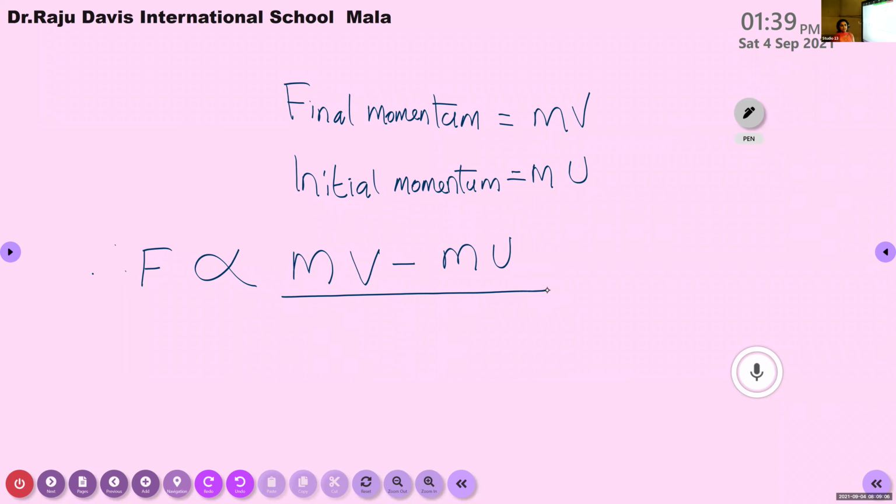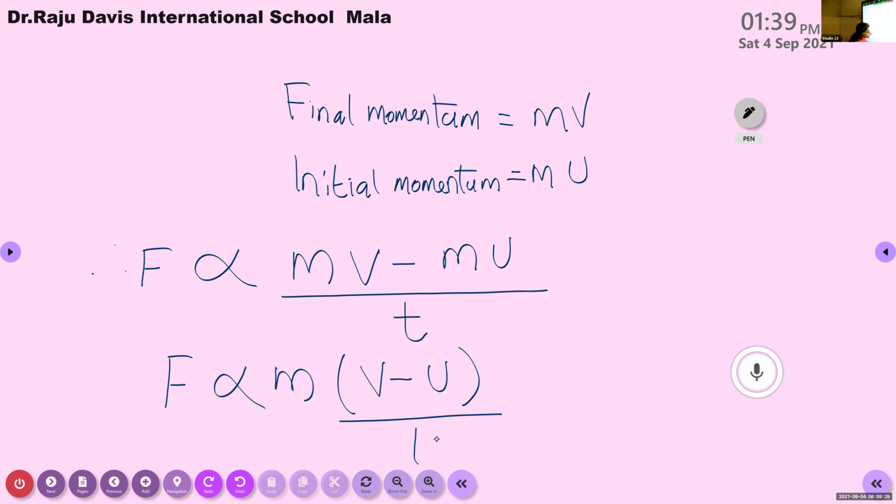How can we represent time? T is the letter used to represent time. So F is directly proportional to mv minus mu over t. Which term is common? m. So we can take m outside: m into (v minus u) divided by t. Are you familiar with this term, v minus u by t?